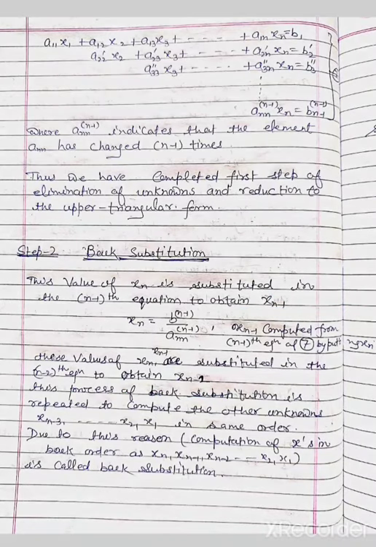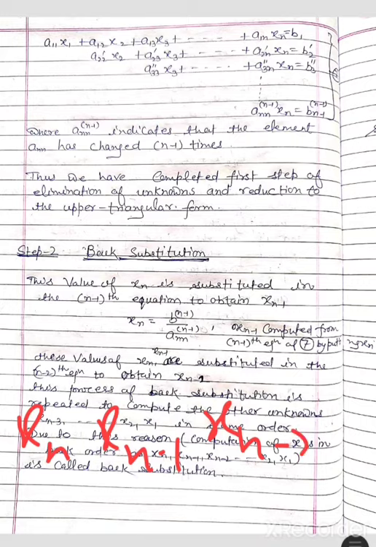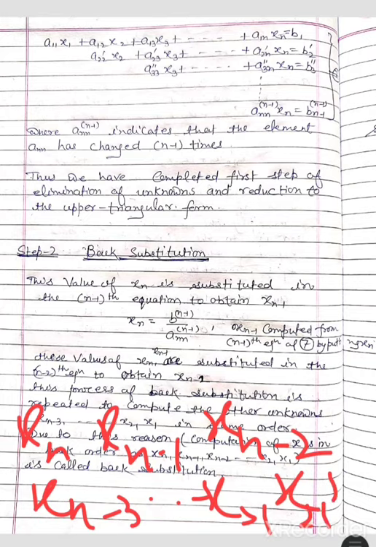So by this back substitution we get the values of x in the order xn, xn minus 1, xn minus 2, xn minus 3, and so on, x3, x2 and x1.